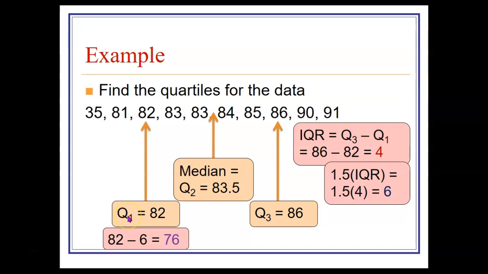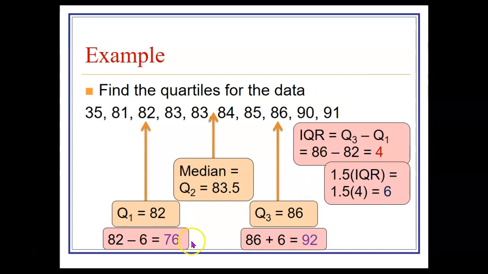So if we start at Q1 and subtract 6, go down by 6, that takes us to 76. So anything below 76 would be an outlier. And then if we go to Q3 and add 6, 86 plus 6, we get 92. So anything above 92 would count as an outlier.